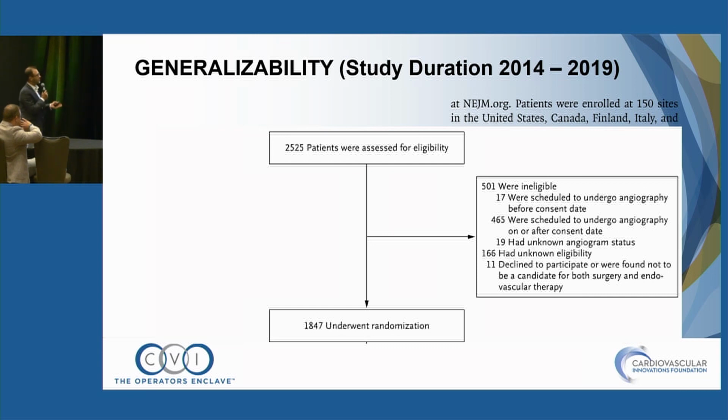A 5-6 year study, 150 sites. What happened to the other 50,000 patients? Where are the other patients? Who were they? Why were they excluded? How can we generalize a trial like this when we have such a limited cohort of the patients that were actually seen in these hospitals? This was not consecutive. We didn't include many of the patients. Over 85% of the patients were never included in this trial.